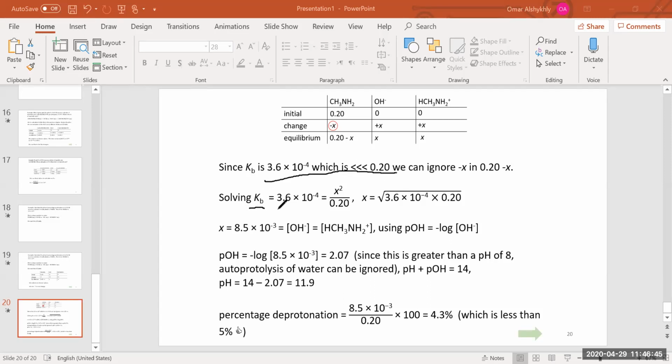So Kb, which equals this amount, equals X squared divided by 0.2. X will equal this amount. And don't forget, in this situation when we have weak bases, be careful guys, this is not the H plus, this is the OH negative. So here you will find the pOH, which is minus log of the concentration of OH negative, which equals 2.07.